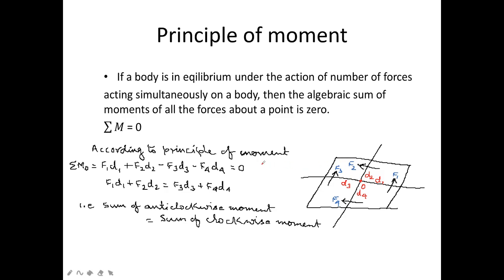Now, just refer to this figure. There is a plane, and in this plane four forces are acting: F1, F2, F3, and F4. I want to find out the moment of these forces about point O. The distances of these forces from point O are d1, d2, d3, and d4.